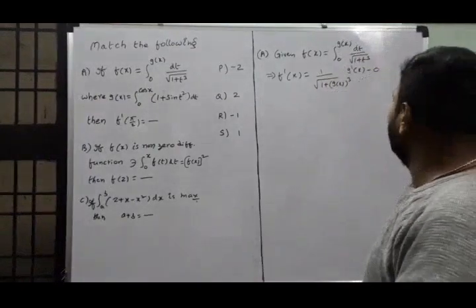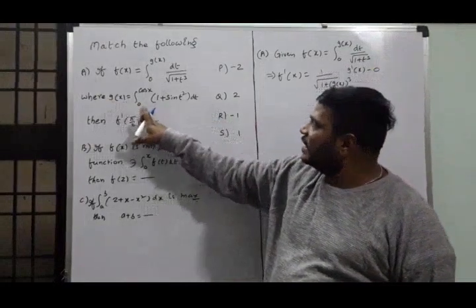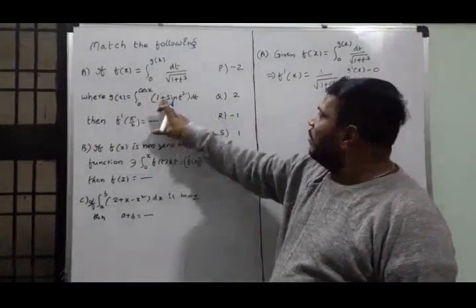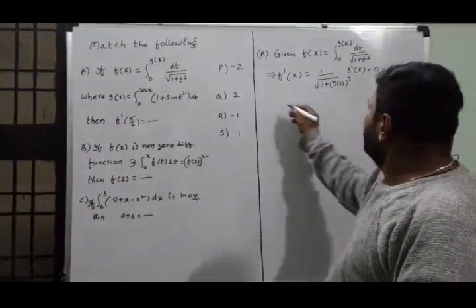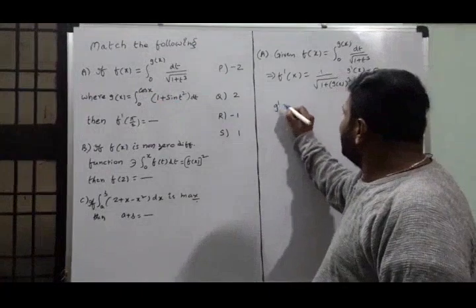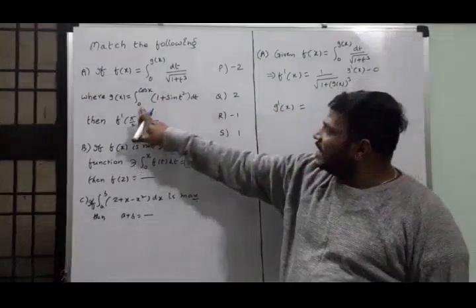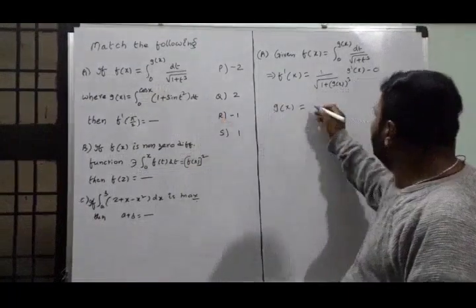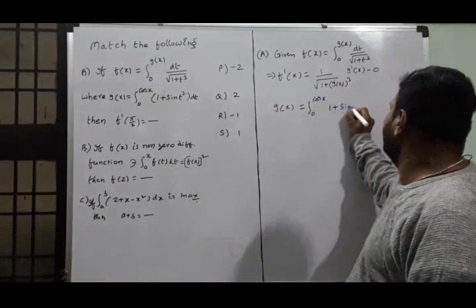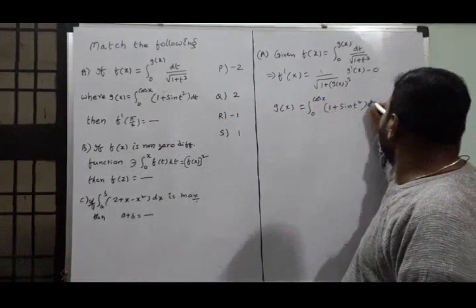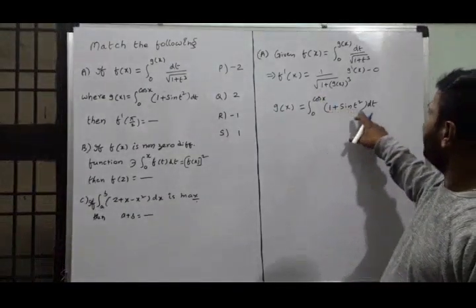Okay. Now find g dash x. Here it is given that g of x is equal to integral 0 to cos x, 1 plus sin t square dt.